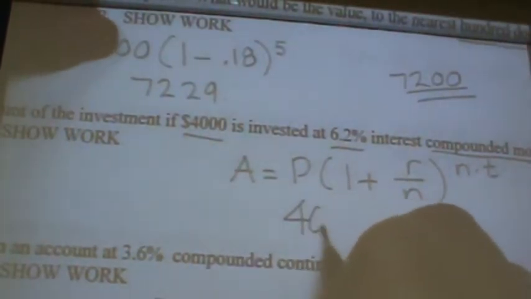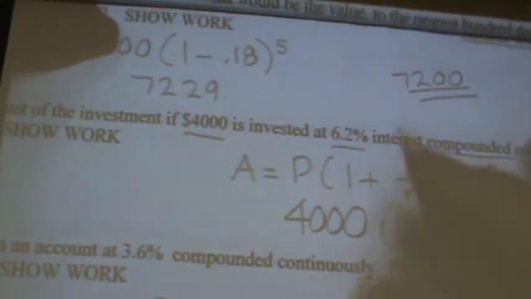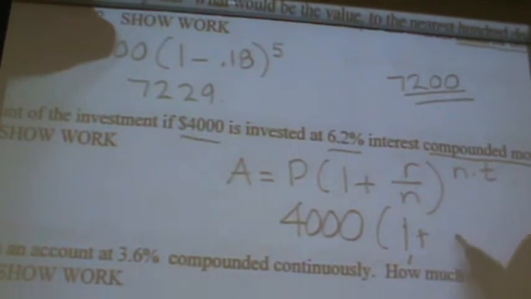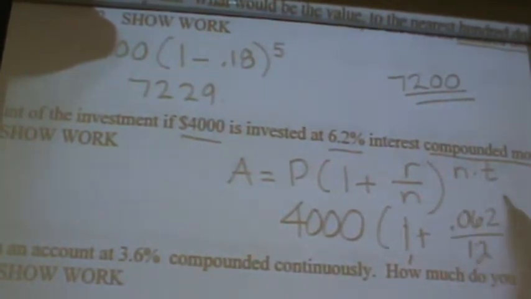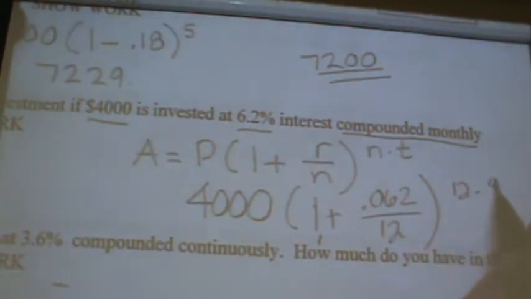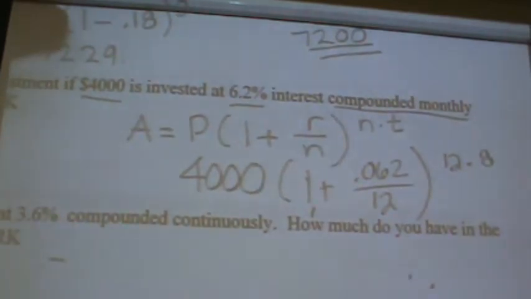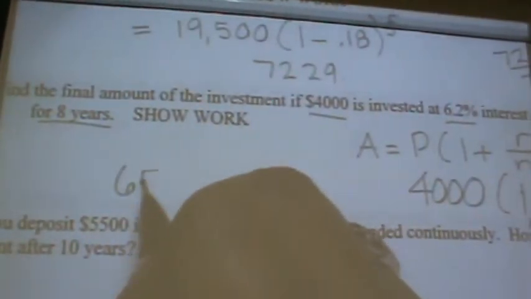So 4,000 times 1 plus your interest rate, which is 0.062. Monthly, how many months are there in a year? 12. And then 12 times how many years? 8 years. Make sure you can type this correctly in your calculator. Anyone get an answer? 6,560.